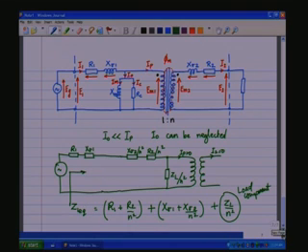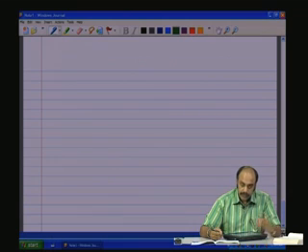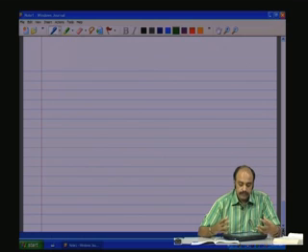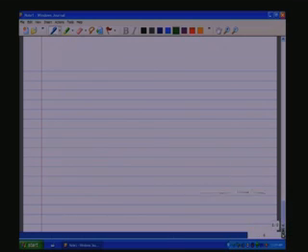And now, we should attempt to obtain the various parameters of the equivalent circuit. So, if from the measurable quantities we are able to obtain the various parameters of the equivalent circuit, then our analysis, then our discussion on the transformer would be complete.